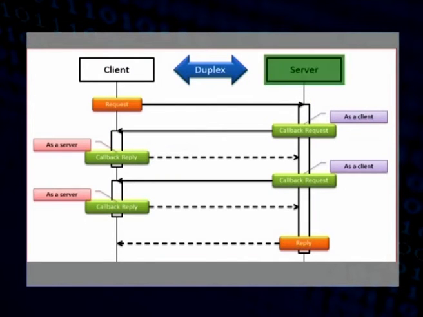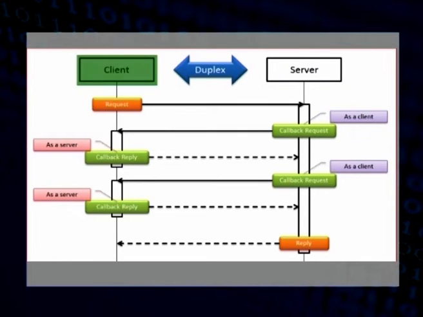A server is the machine that is responsible for performing the task requested by the client, or we can say it is the machine that offers the services. A client is the machine that is requesting the services.